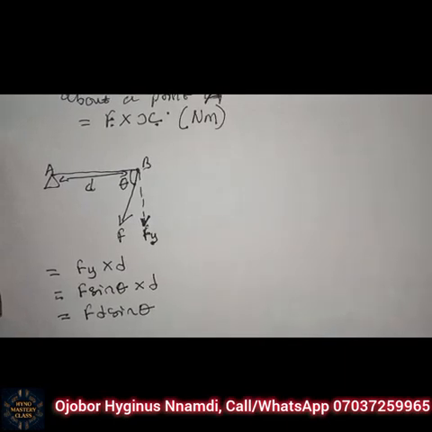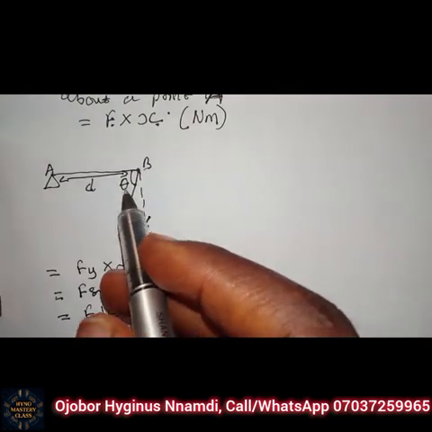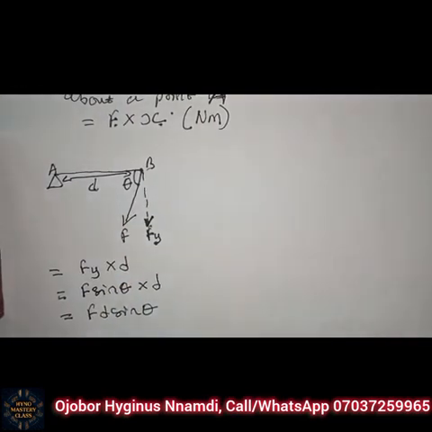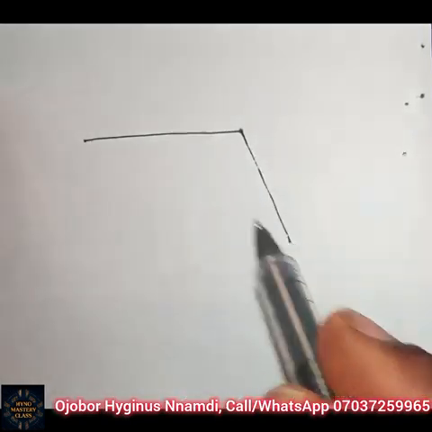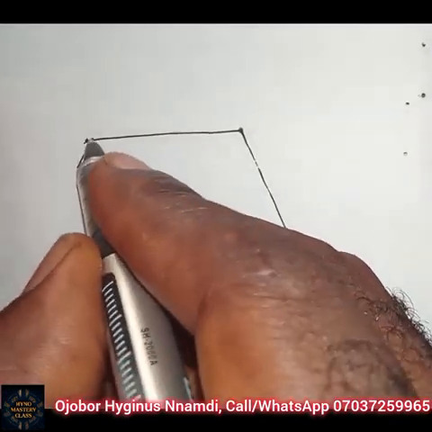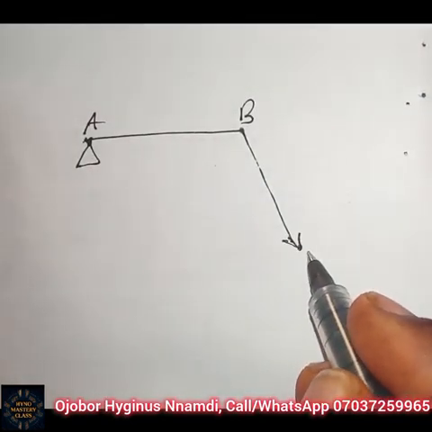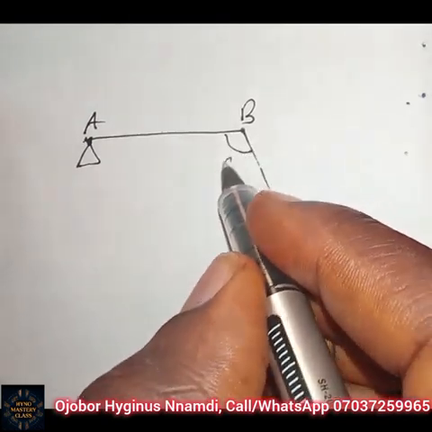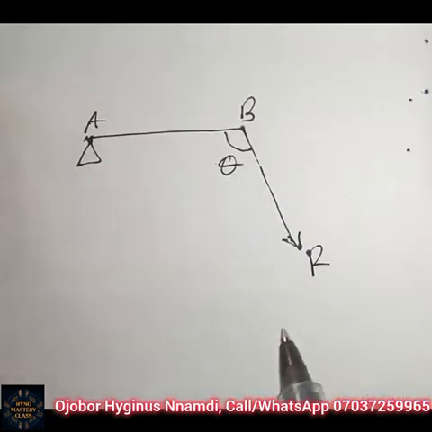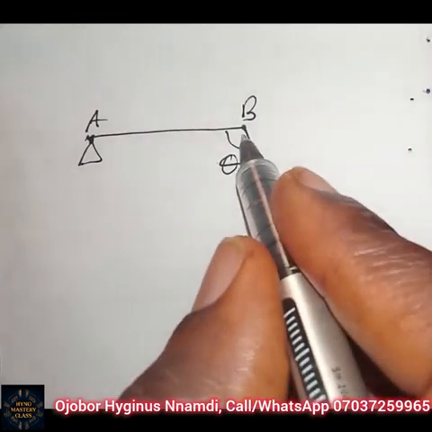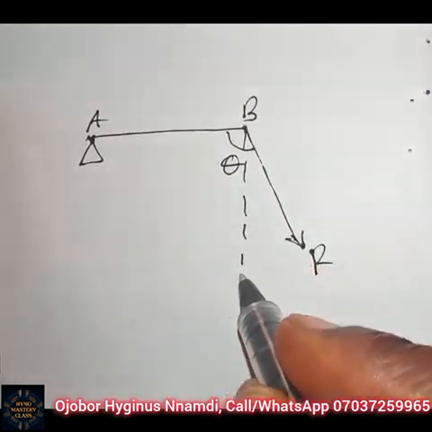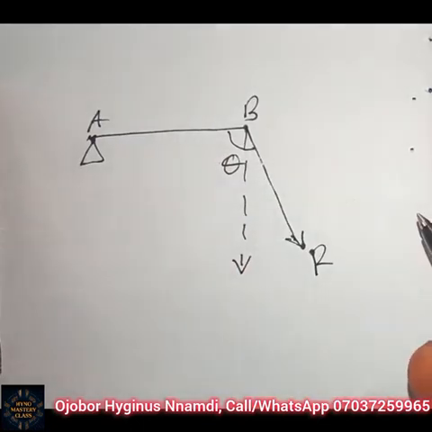Then what if the force is inclined at an angle greater than 90 degrees, something like this? If we have something like this, then we are going to be resolving it to the vertical like this, so that it will be perpendicular.